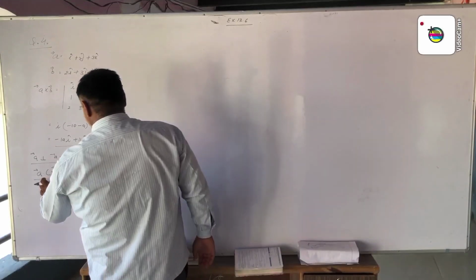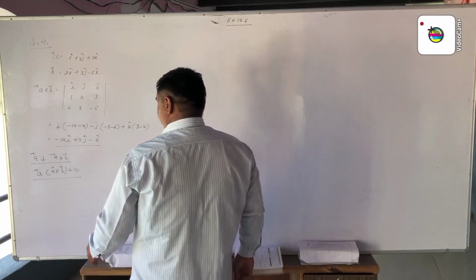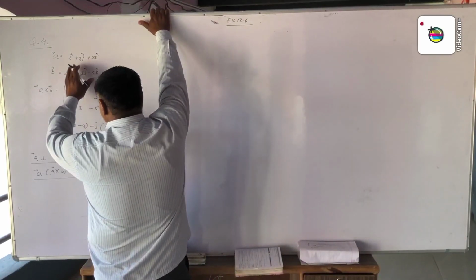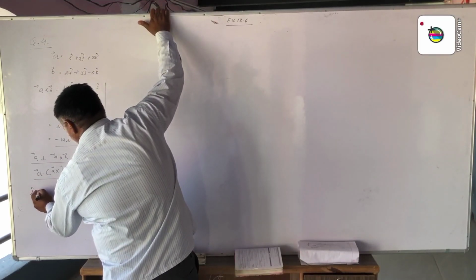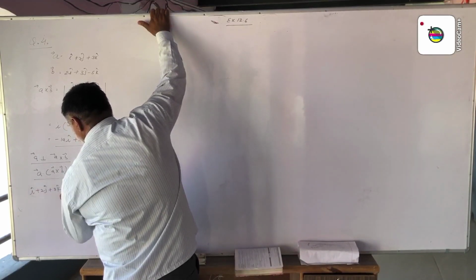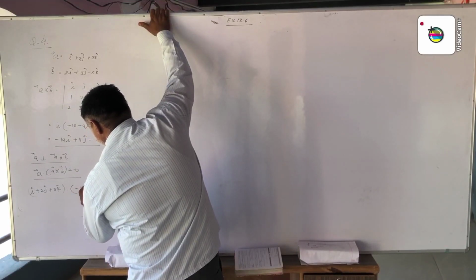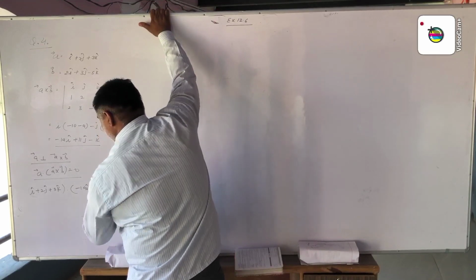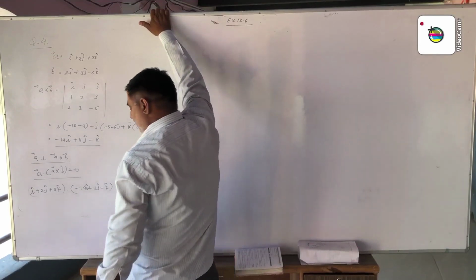This is the result of exercise 12.5. Now here vector A is i plus 2j plus 3k, and A cross B is minus 19i plus 11j minus k. Now we take the dot product of these two vectors. If it is equal to 0, then these are perpendicular to each other.